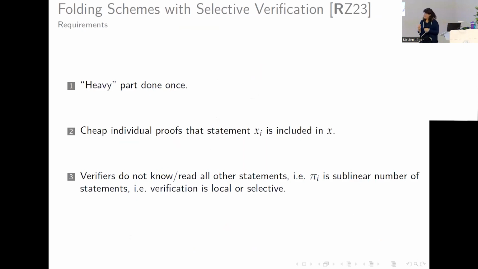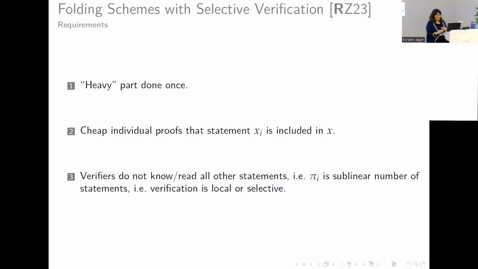The other important requirement, because it's a natural requirement here, is that we want to make sure that the verifiers do not need to know or read the other people's data, right? When you are attending a service, you're not expected to know all the statements that the server is proving, okay?